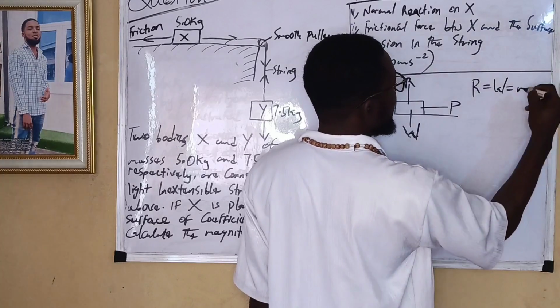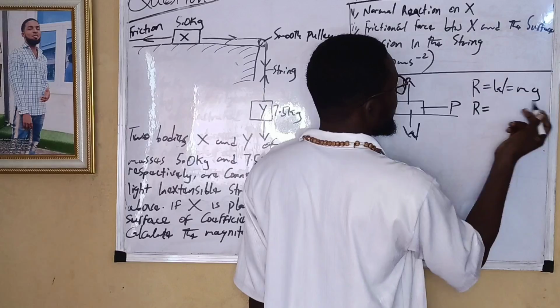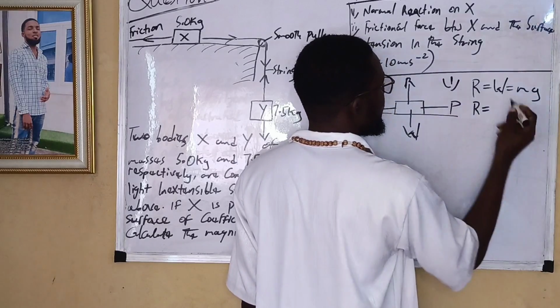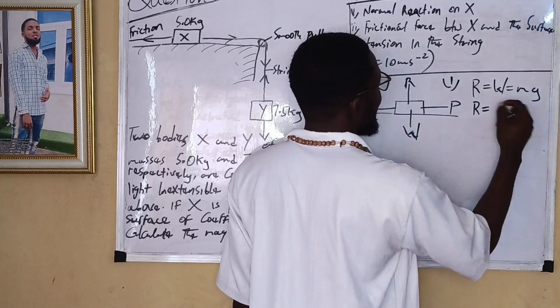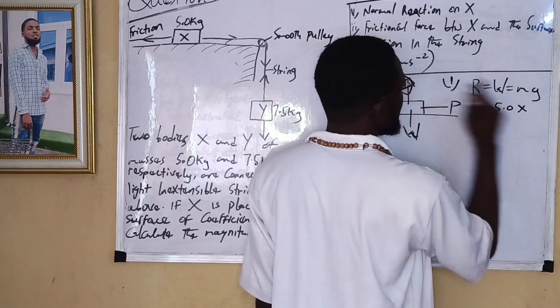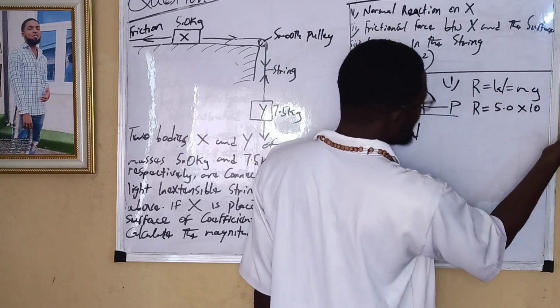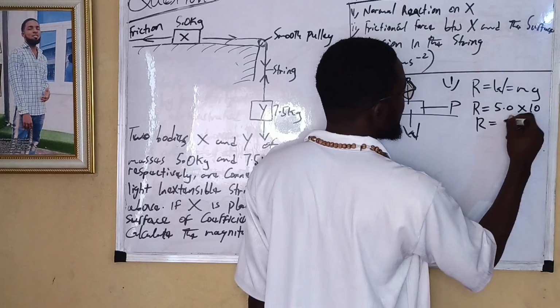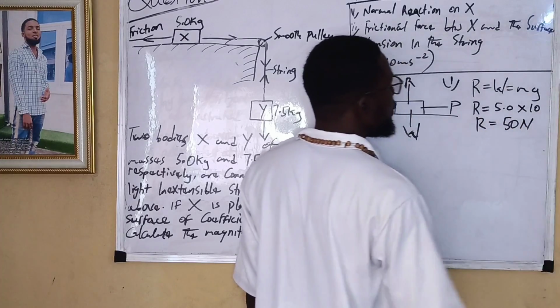And weight is mg. So therefore, normal reaction, Roman figure 1, is equal to the mass, 5.0, times g, which is 10 meters per second squared. The normal reaction is 50 Newton.